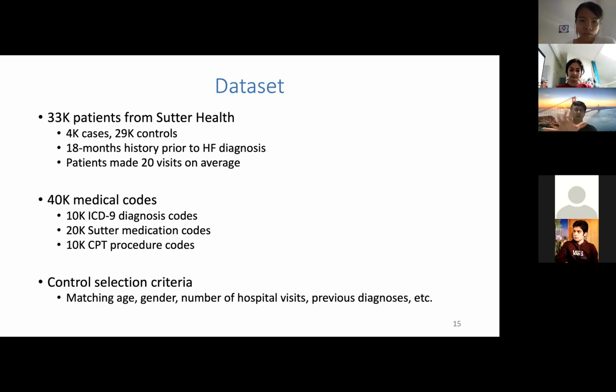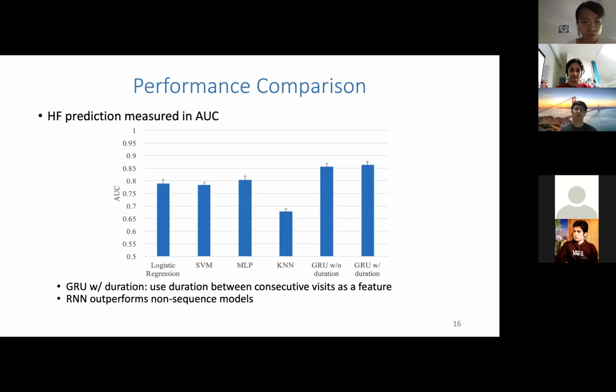So given this feature set, I just tried out the previous RNN based approach, and compared it to the classical approaches, which are logistic regression, SVM, NLP, KNN, and this kind of stuff. GRU, which is a variant of RNN, as I'm sure everybody knows. So these GRU, 2 variants, outperformed the classical approaches, which is very obvious from today's perspective, since these are not sequence models.